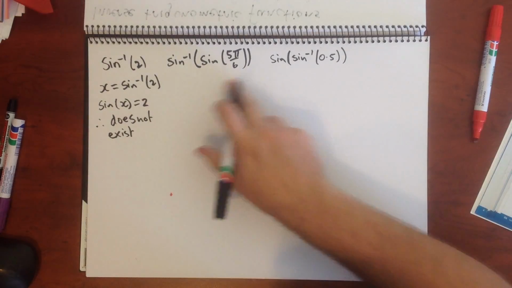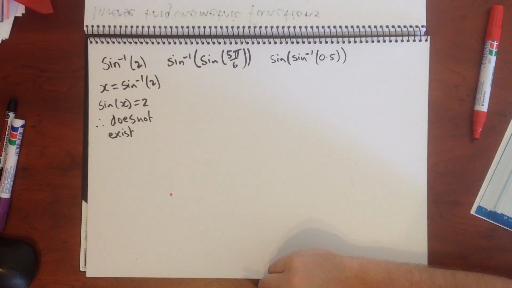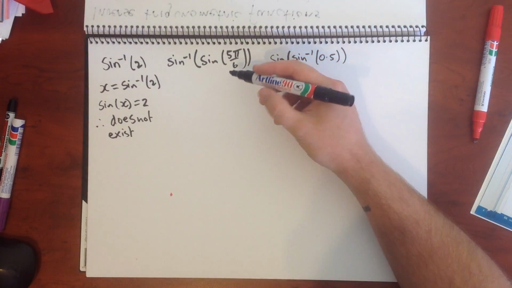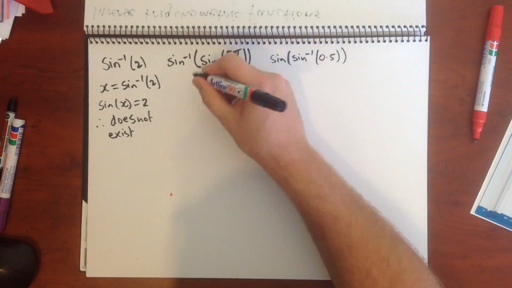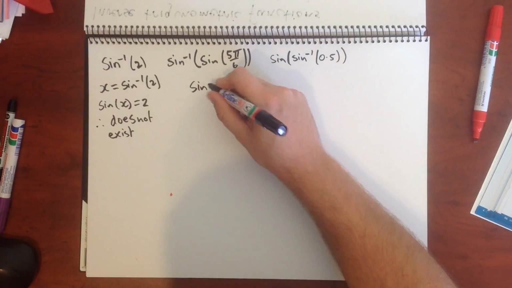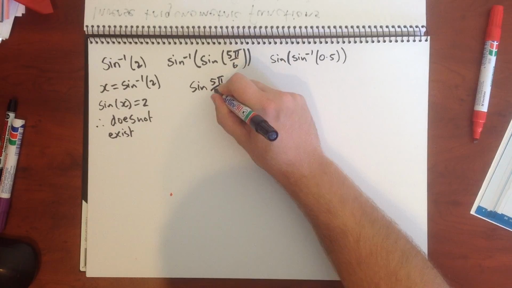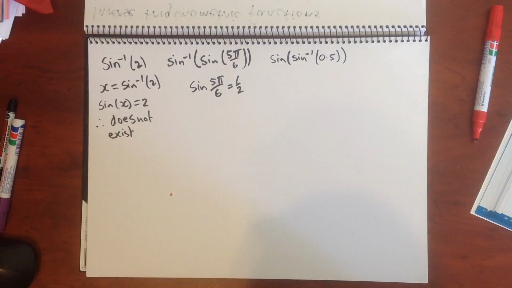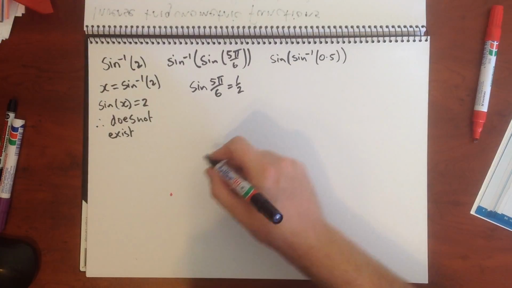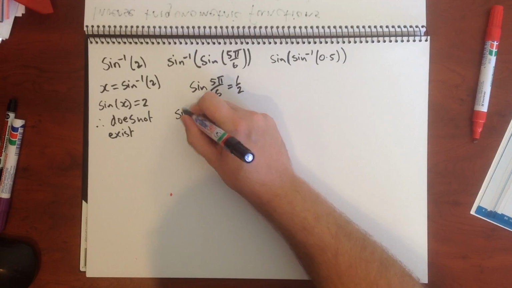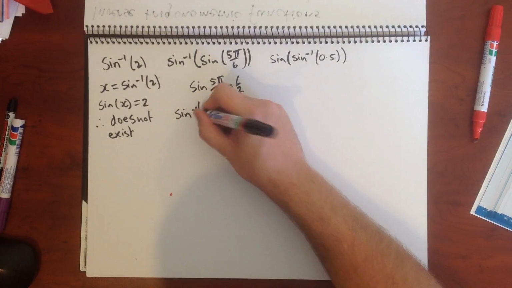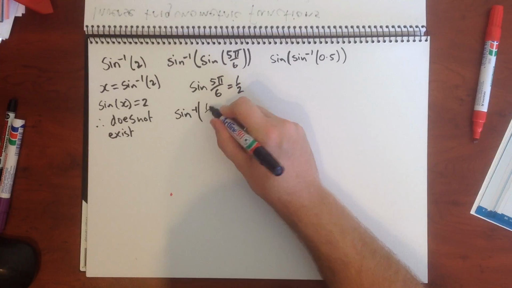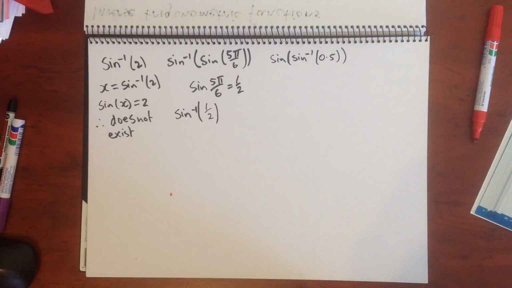For our next one, we need to ask when does sine equal sine of 5 pi on 6. We know that sine of 5 pi on 6 is equal to a half. It's in our second quadrant. Then we're saying the inverse sine of this part, which equals a half.